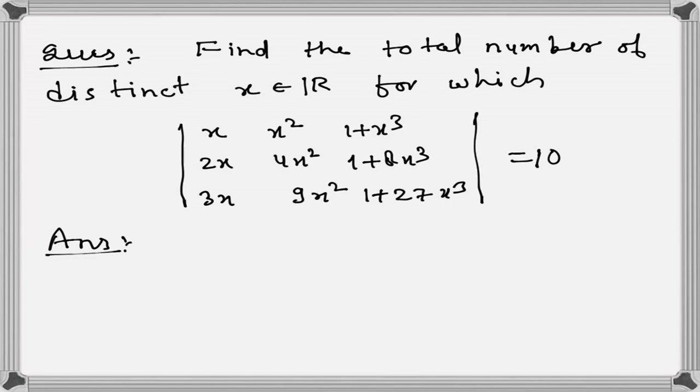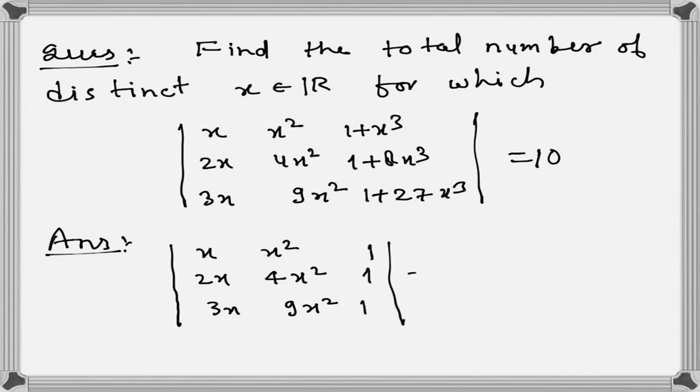Okay, so let's simplify. Let's break this determinant into two parts. The first part is the determinant with rows (x, x^2, 1), (2x, 4x^2, 1), (3x, 9x^2, 1). This is the first determinant.